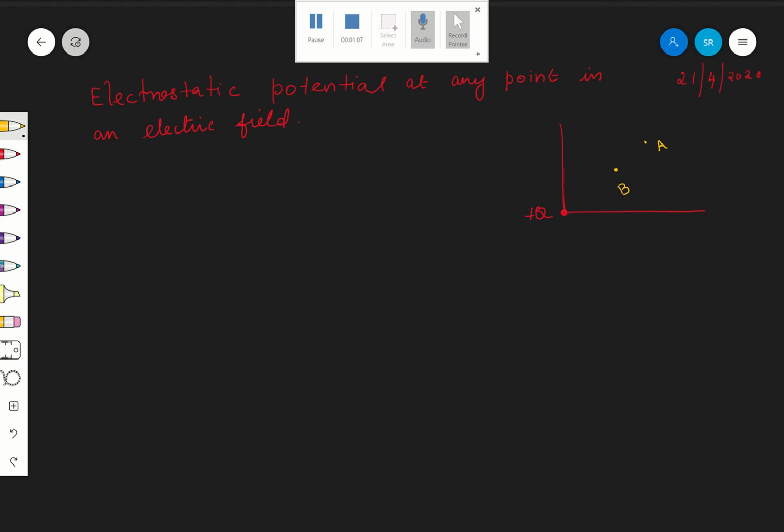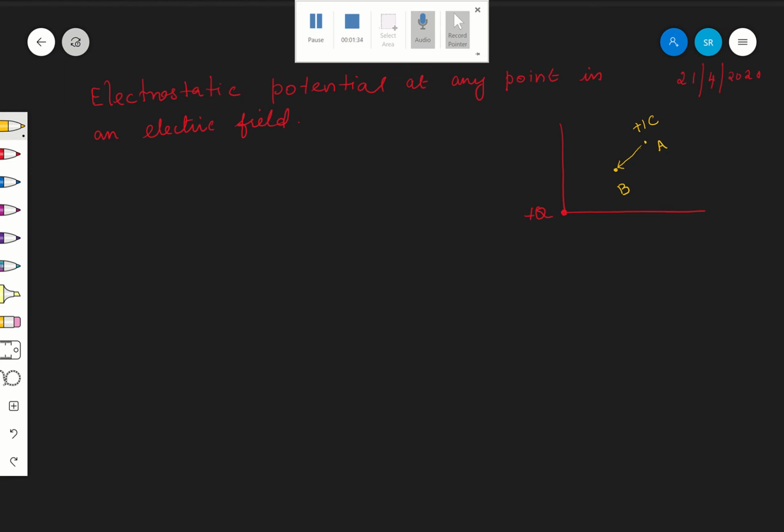So what should I do? By theory, I have to keep a unit positive charge at A. Now what I am going to do is bring the unit positive charge from A to B, without acceleration.